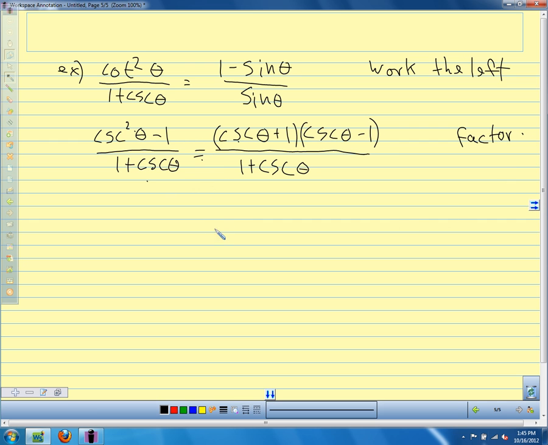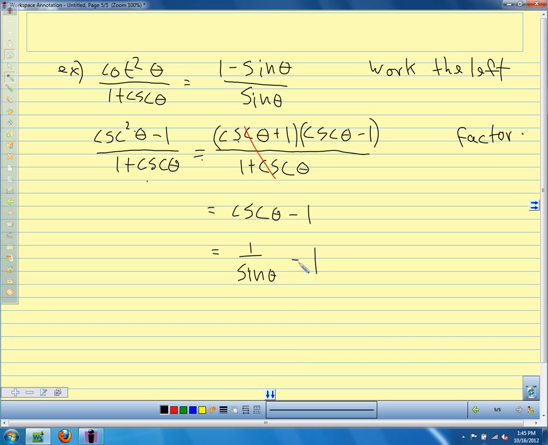And now I can cancel this cosecant theta plus 1. So that cancels. And I end up with cosecant theta minus 1. And cosecant theta is 1 over sine theta minus 1.